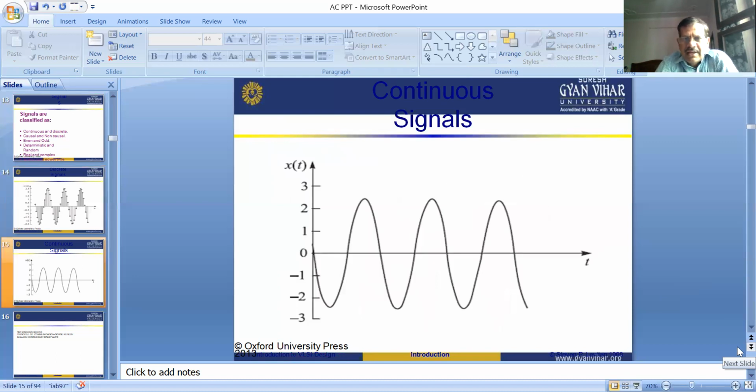And this is the example of an analog signal.